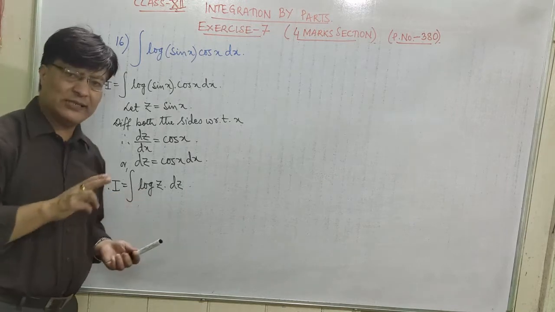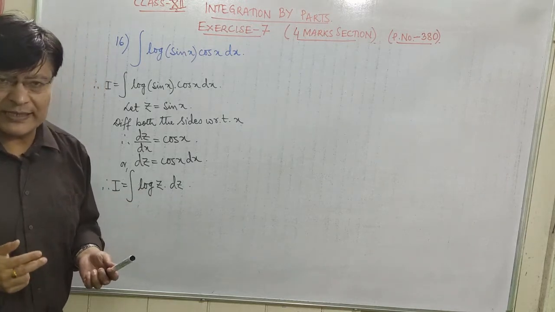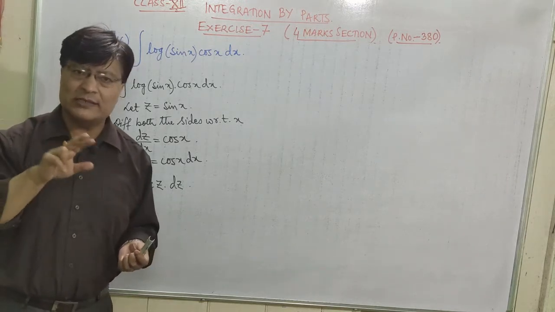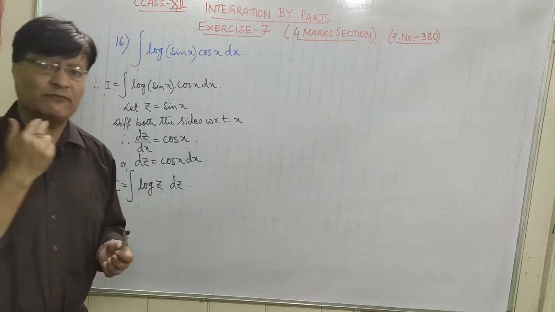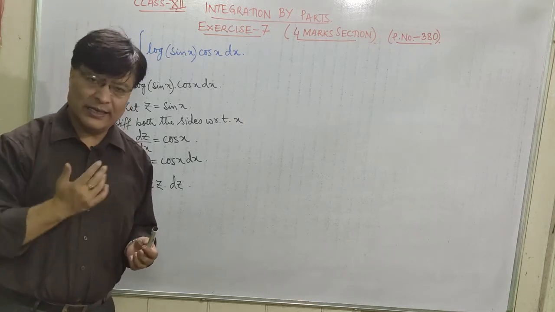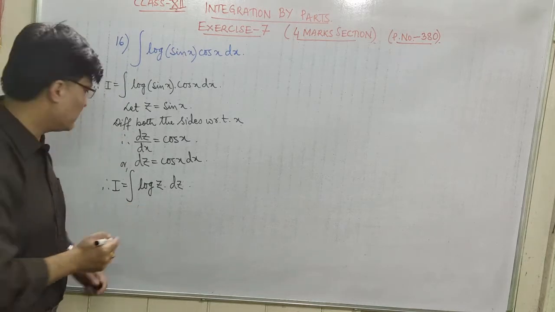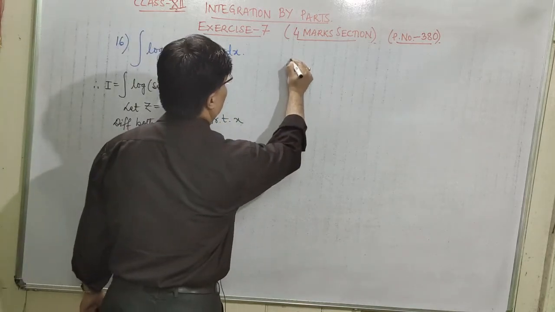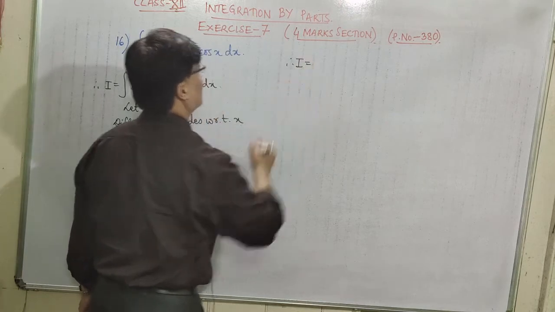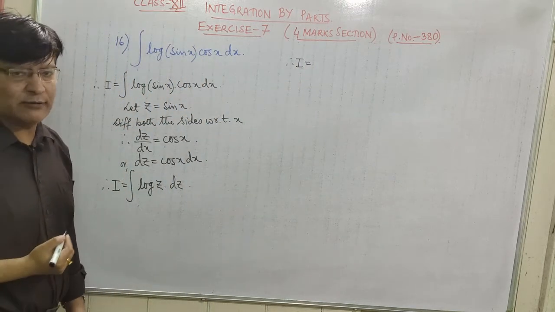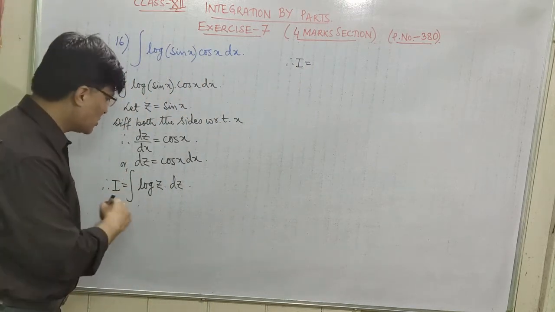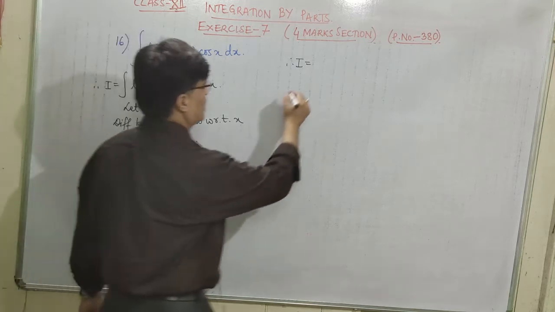So this log z is L and one is algebraic function, that is A. So among these two letters L and A, which letter comes first in the word LIATE or ILATE? L comes first. So this log z is the first function. So let us use integration by parts. Now you should know the formula for integration by parts. So log z comes outside the integral sign.